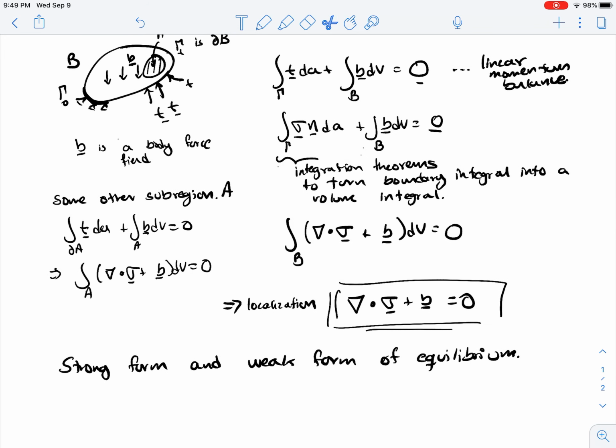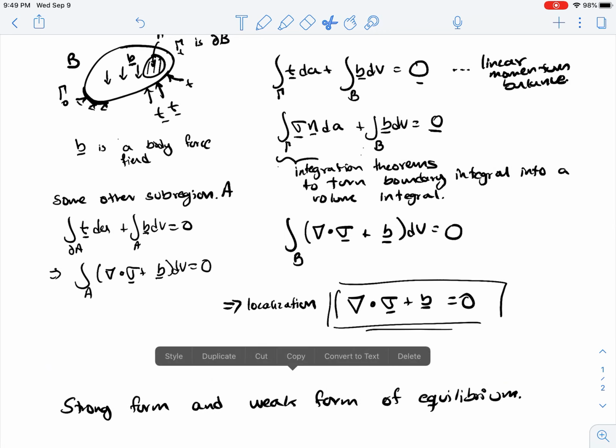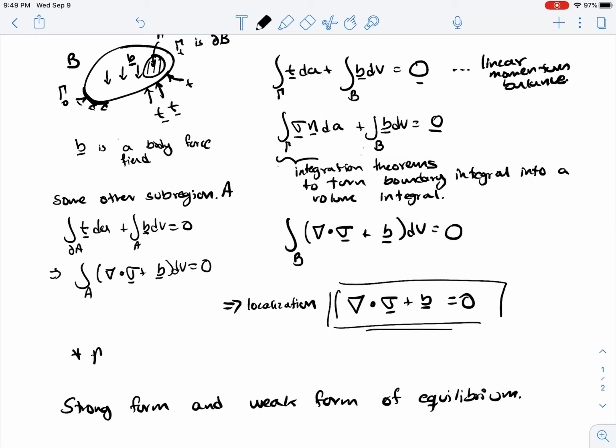Before I do the strong form and weak form of equilibrium, the one thing I'm going to say is that angular momentum balance essentially leads to the symmetry of the stress tensor.